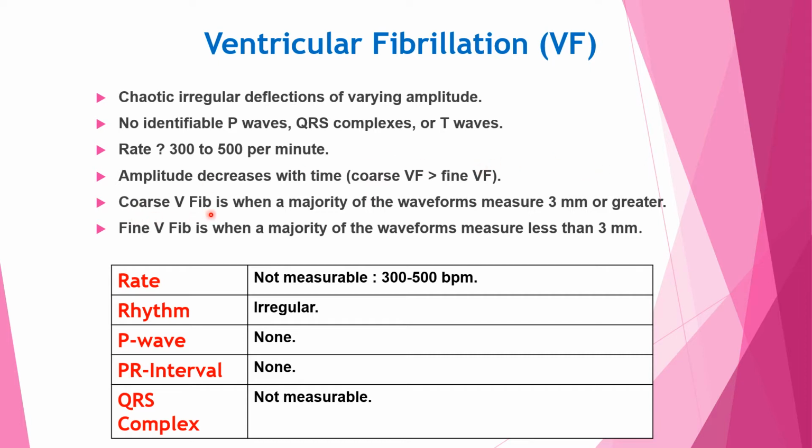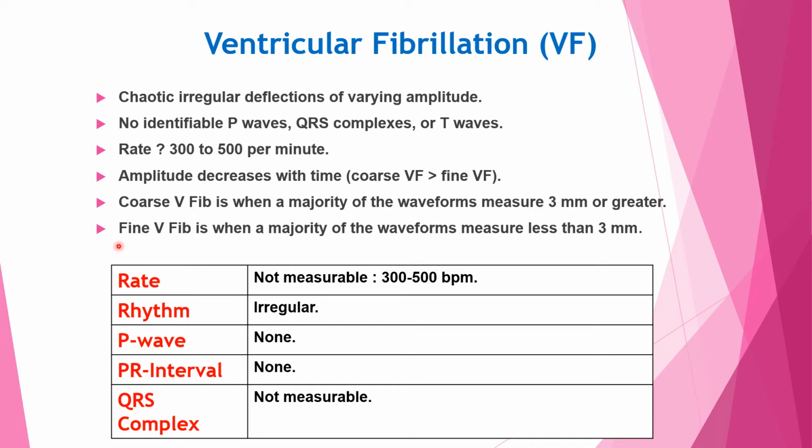Coarse VF: I will say the patient has coarse VF when the majority of the waveform measures 3 millimeters or greater. So most of the waves, the amplitude of the waves, are more than 3 millimeters.